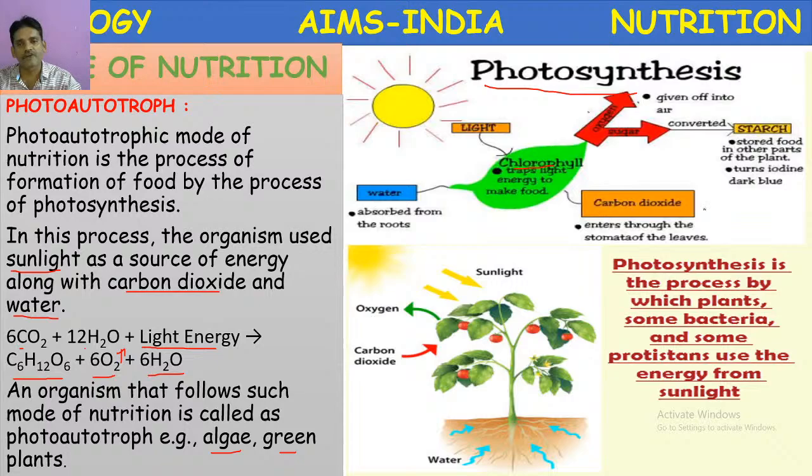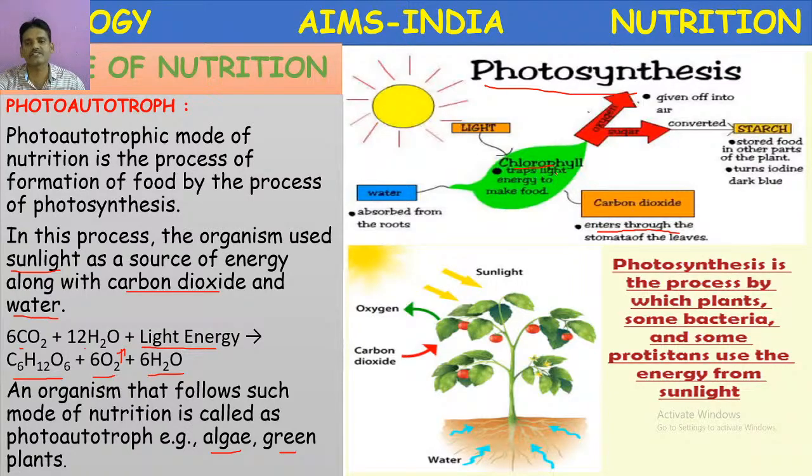Carbon dioxide enters the leaves through stomata, minute holes present on the under surface of the leaf. So in this chloroplast region, all the raw materials are available.